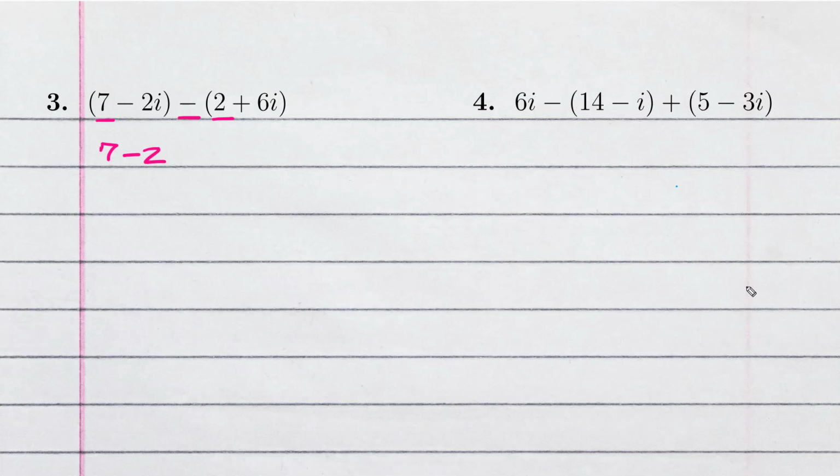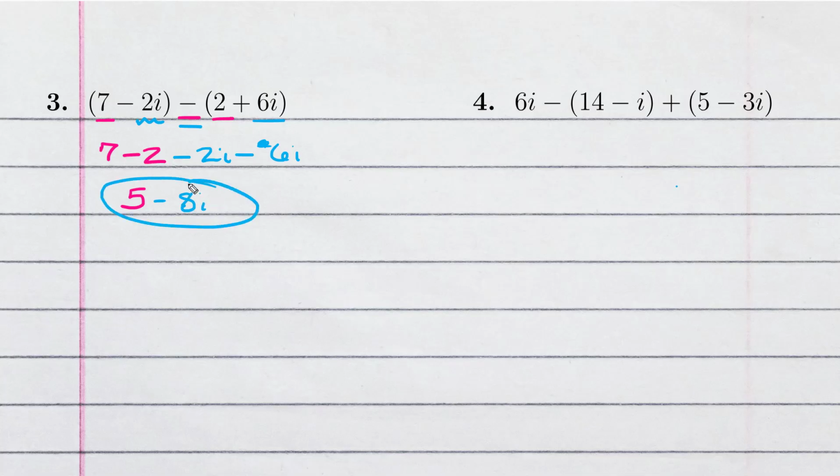And then our imaginary part, negative 2i minus a positive 6i. So when you're minusing a positive 6i, it's just like subtracting. 7 minus 2 is 5. Negative 2i minus 6i is negative 8i.